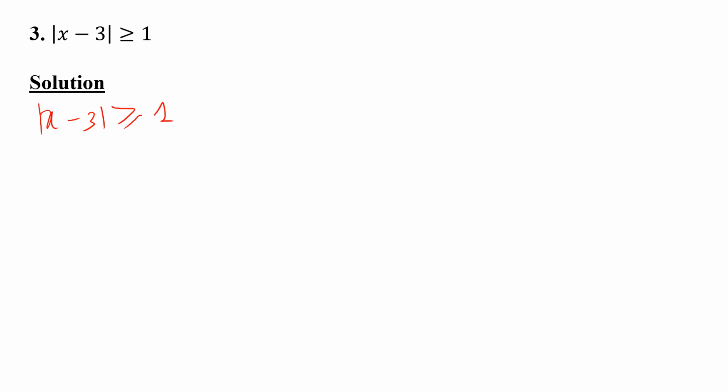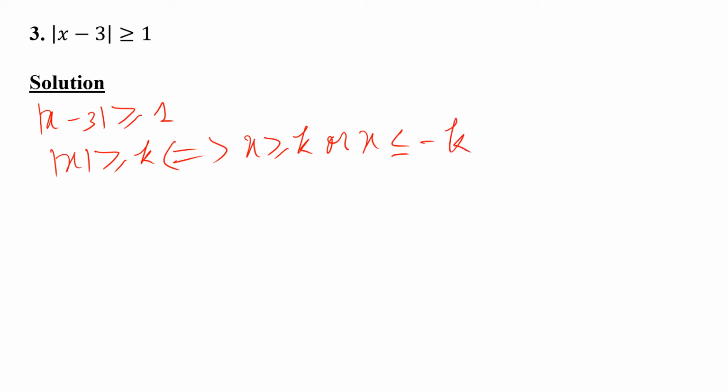Now we are on case Roman 2, where we have absolute value of x greater than or equal to k. We have seen that it is equivalent to x greater than or equal to k, or x less than or equal to -k. Now, in our example here, k is equal to 1.